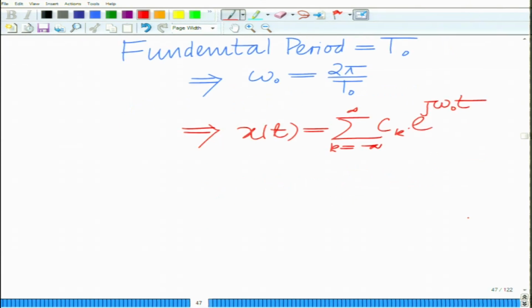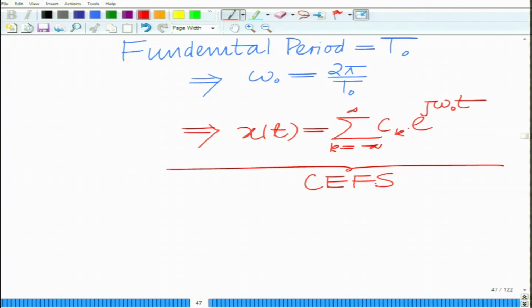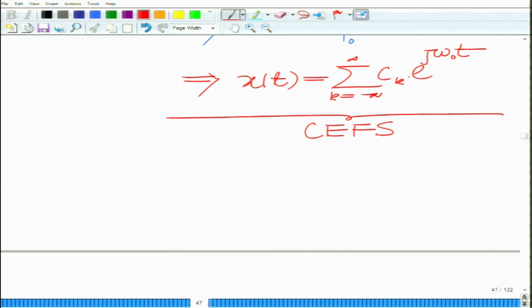So, this is your CFS representation, the complex exponential Fourier series, because this is periodic with T naught, omega naught equals 2 pi by T naught. This is the CFS representation.